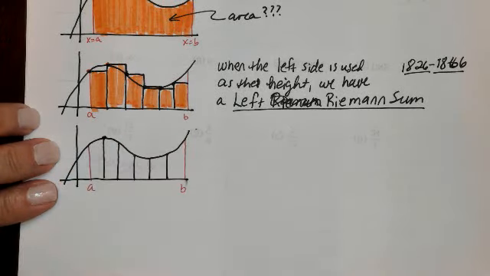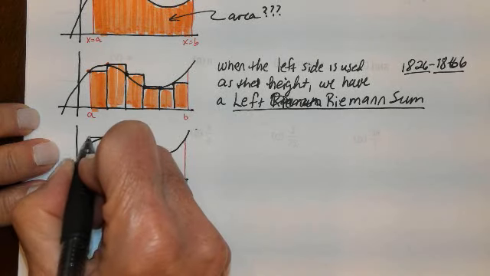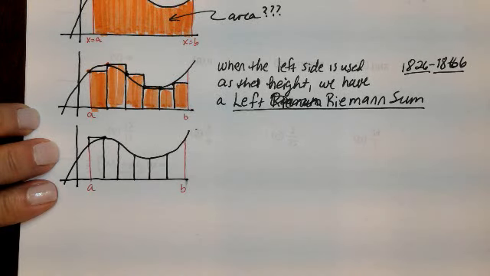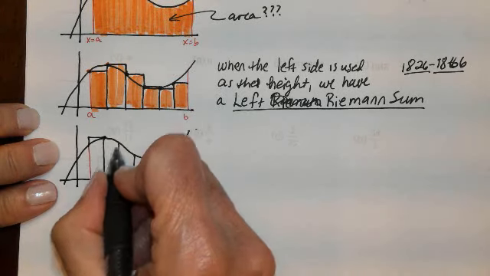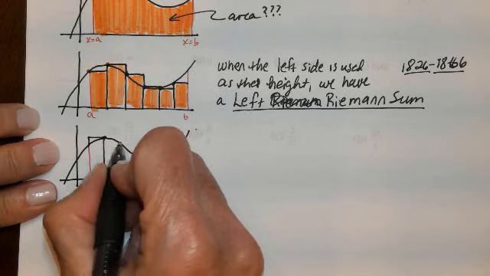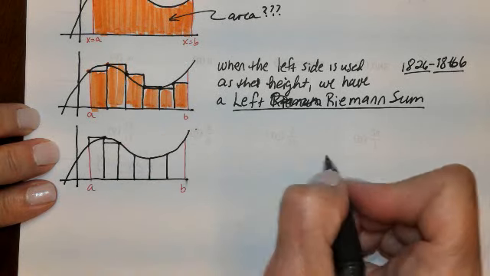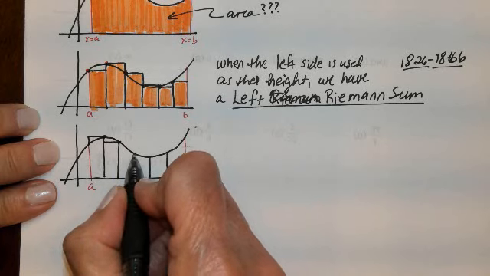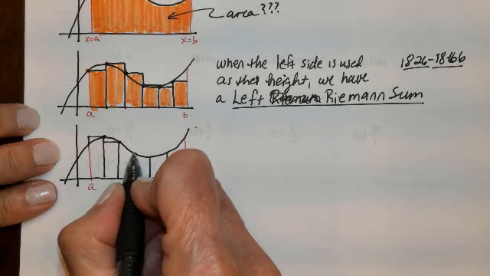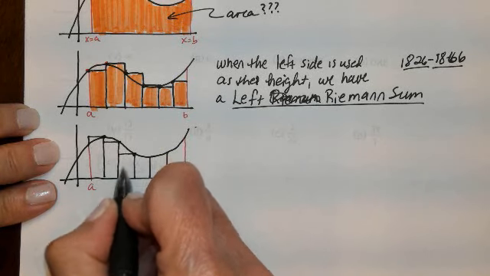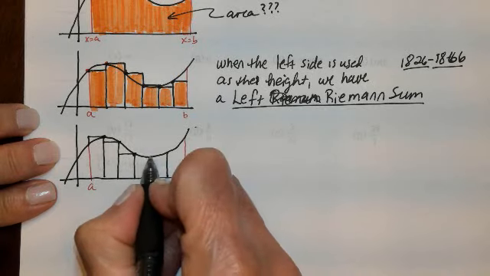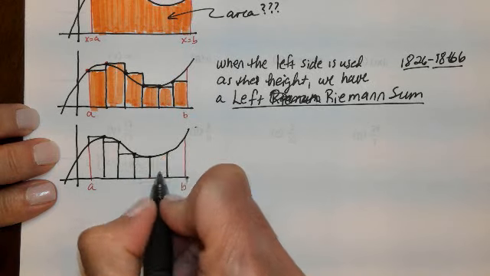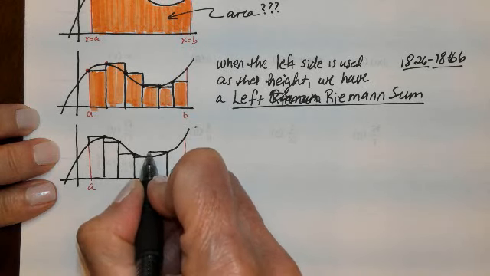So that's going to be my first height of that first rectangle. So there's my rectangle. For the second rectangle, the right-hand height will be my height of my rectangle.